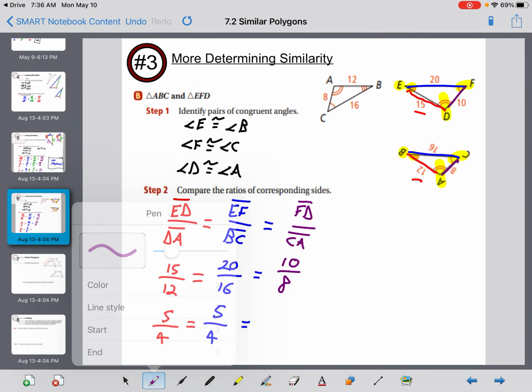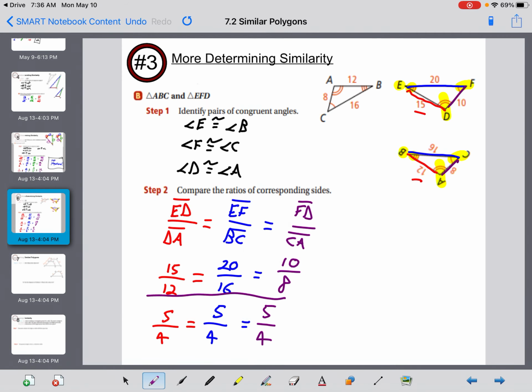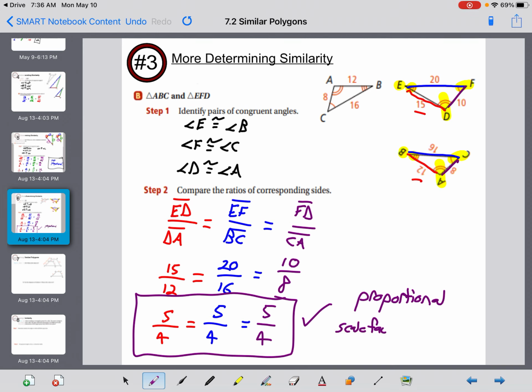And 10 over 8, if we divide both by 2, also simplifies to 5 over 4. Notice how all of them are the same. That means they are proportional. Your scale factor is 5 over 4.